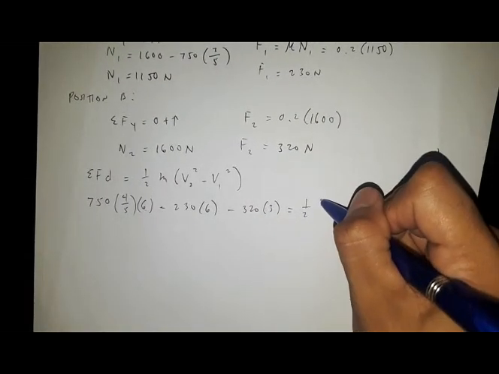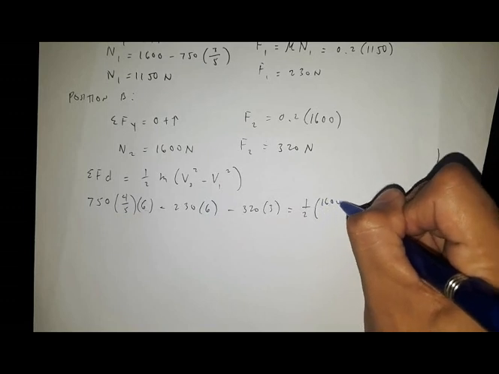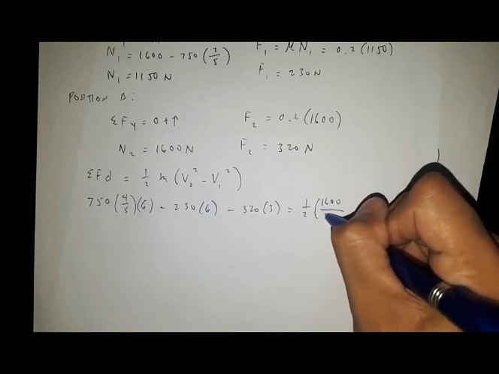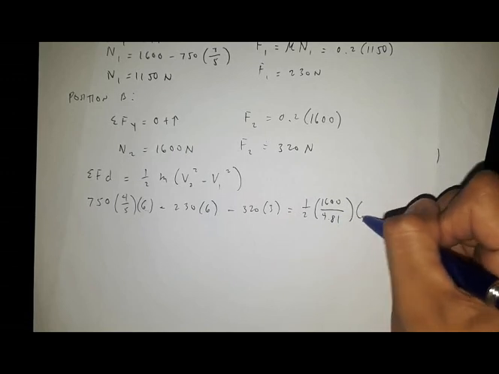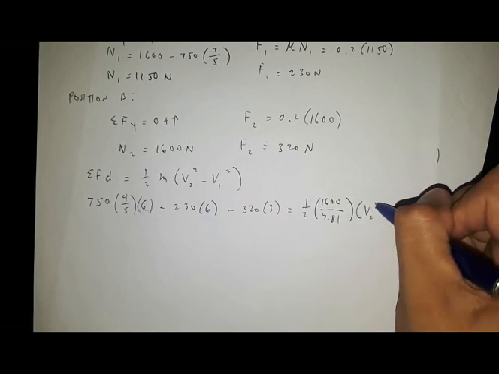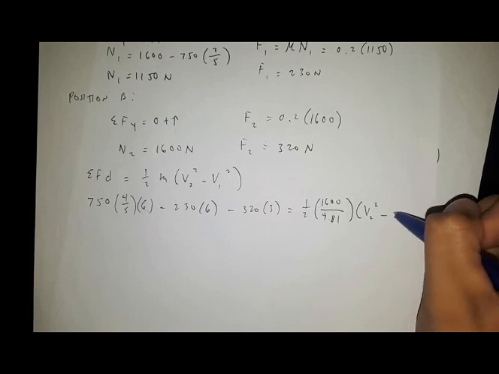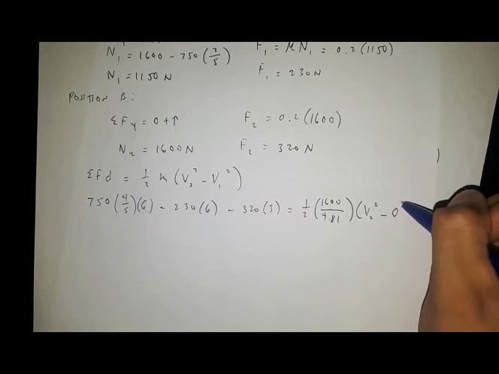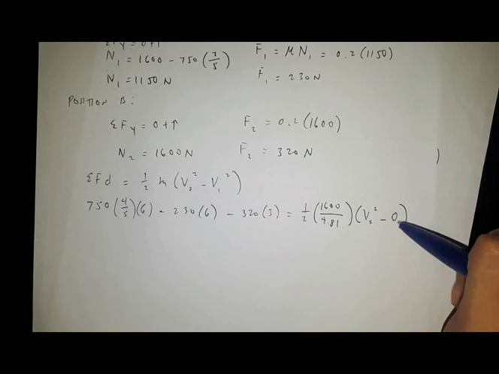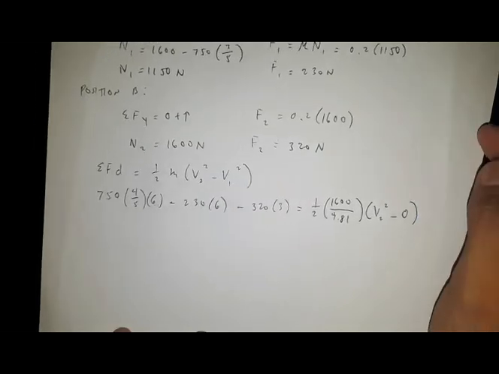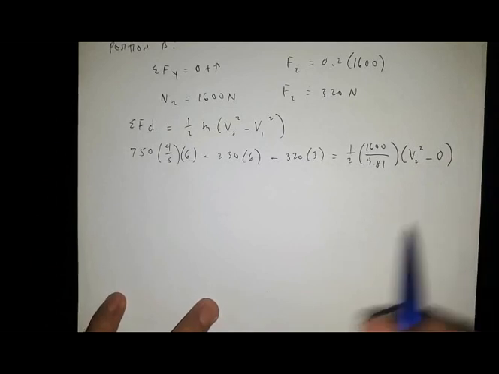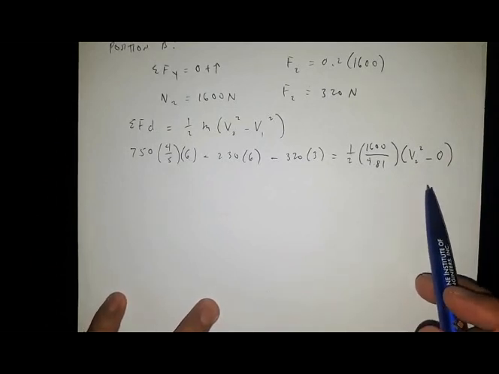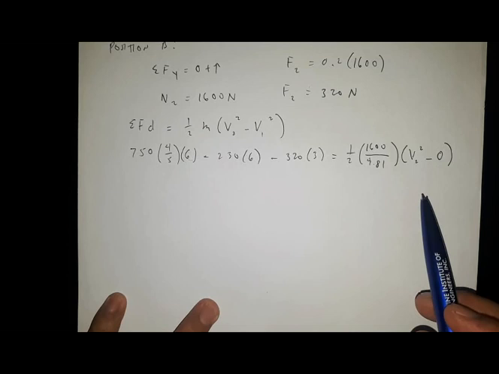Here m is 1,600 over 9.81 times v2 squared minus 0, since your initial velocity is 0 because the block starts from rest.